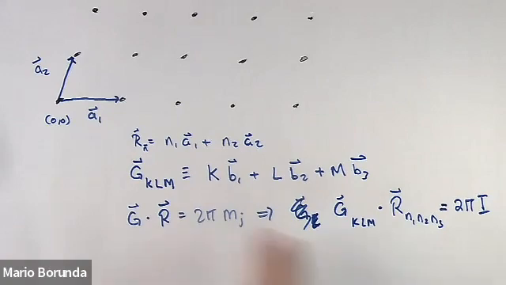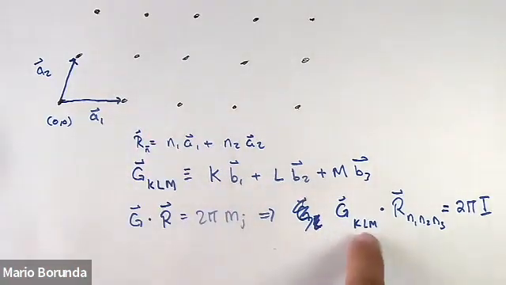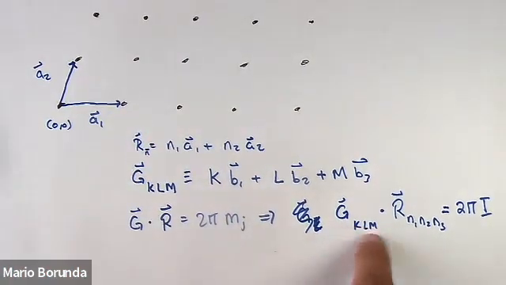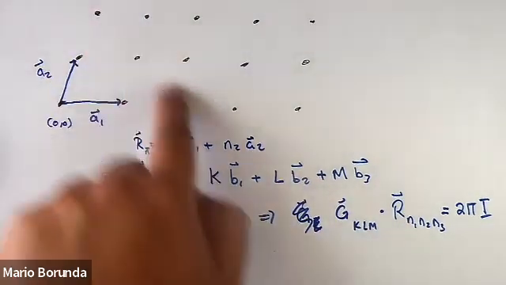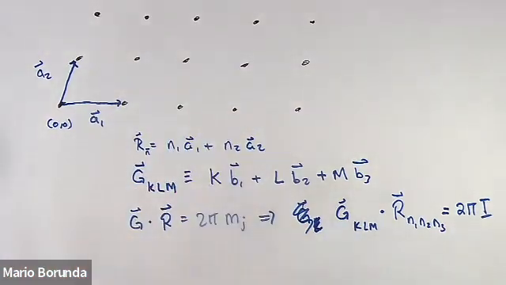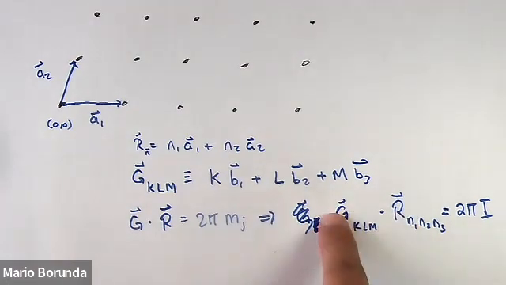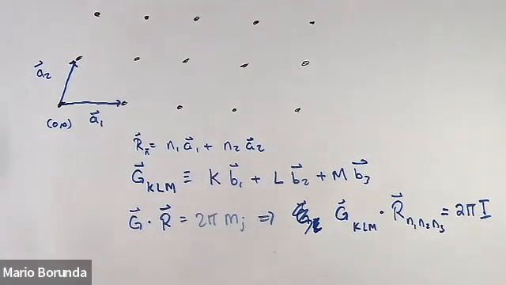So if I have a line going through here, there's going to be a vector with K, L, M that would tell me what those lines are, so that when I take this dot product, I get an integer. So in 3 dimensions we have a plane that could be depicted. In 2 dimensions, it would be lines. Two pi and some integer, whatever integer you want.